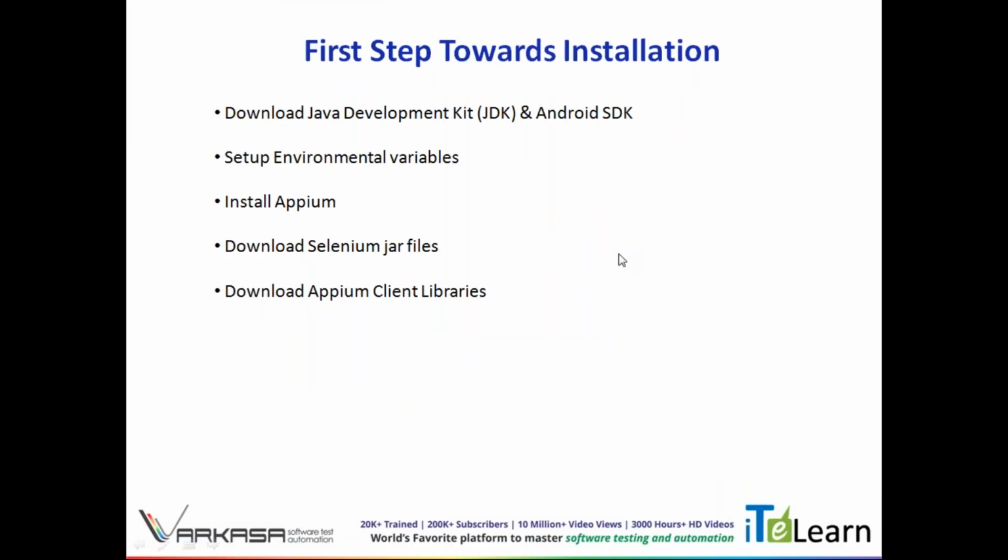Okay, so before jumping into the automation script, I'll give you an overview of the basic installation steps that have to be carried out before you start creating a project for automating an application on your mobile device. The first is to have your JDK set inside your local machine, and also download the Android SDK.